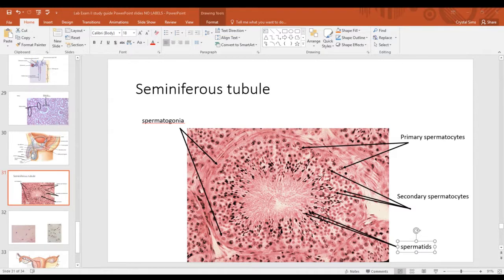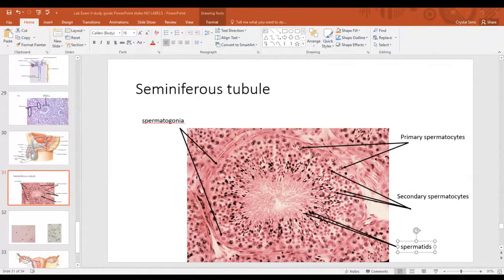The seminiferous tubule. Okay. And so we've got the seminiferous tubule here, and what we're looking at are the different types of cells that are found here.